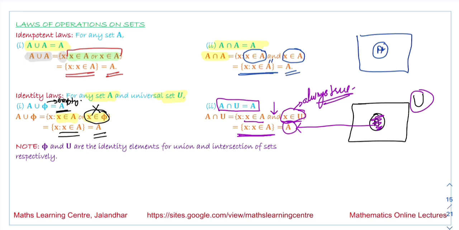So what we are saying over here is that phi and U are the identity elements for union and intersection of sets respectively.